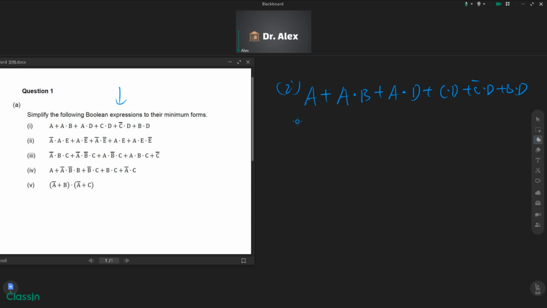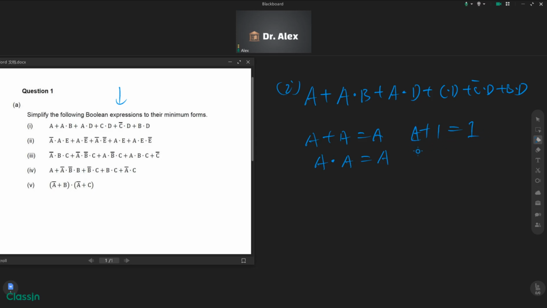So first of all, we will know these normal expressions, such as A plus A is A, and A and A is A. And A plus 1 is 1, which means no matter the value of A is 0 or 1, the result is 1.